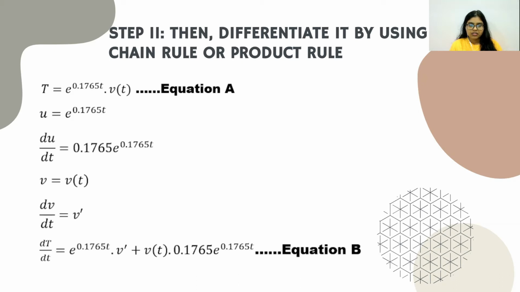The other part, v(t), we will let be v, and differentiating it we get v prime. Then using the rule uv prime plus vu prime, we get our equation B. So dT over dt equals e to the power of 0.1765t times v prime plus v(t) times 0.1765 e to the power of 0.1765t. And this will be our equation B.